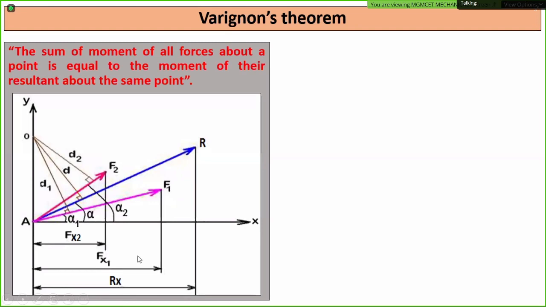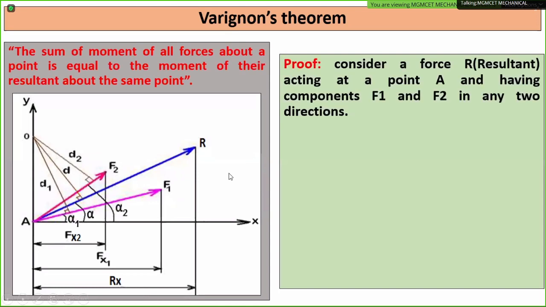Then Rx का मतलब क्या है? X component of the resultant, right? Then F1x is the X component of the force F1. Fx2 is the X component of the force F2. So Fx1, Fx2 are the X component of force F1 and F2, whereas Rx is the X component of the resultant.